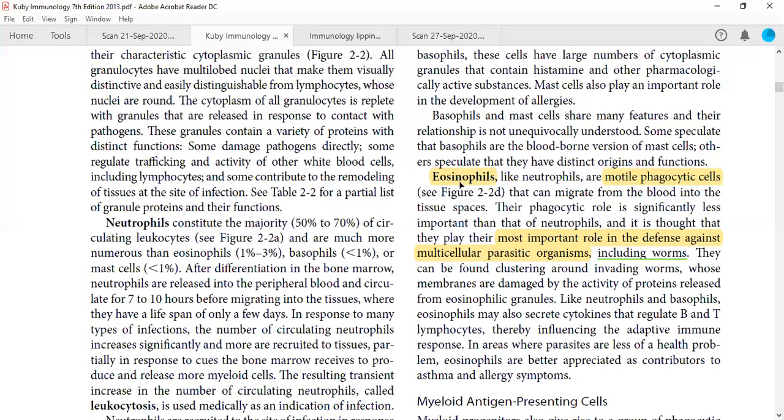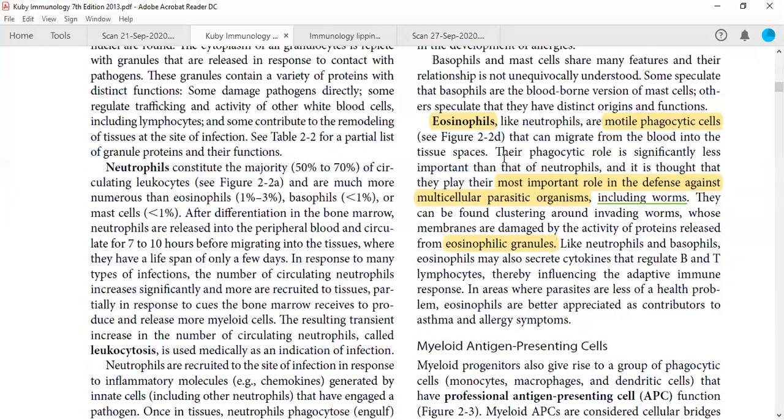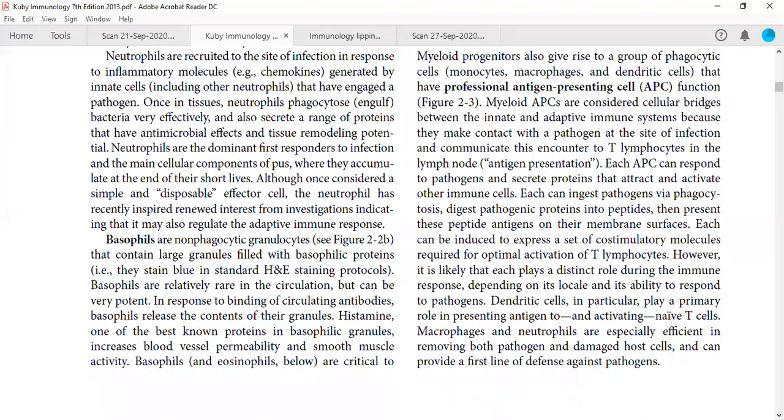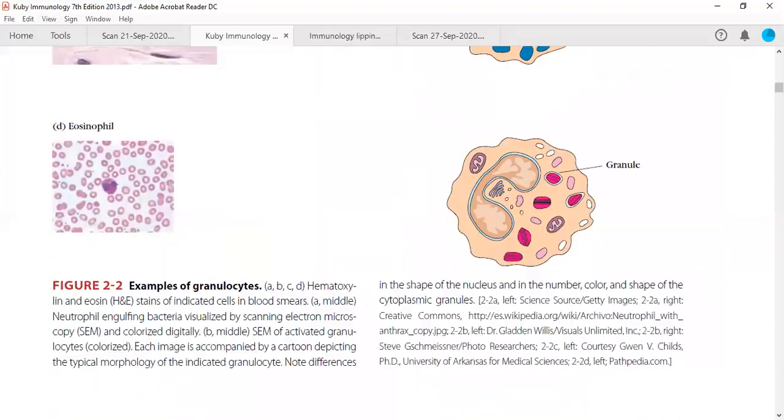They can be found clustering around the invading worms, whose membranes are damaged by the activity of proteins released by the eosinophil granules. These are very potent chemicals, proteins stored inside the granules in the cytoplasm. So let's discuss what kind of granules they actually have.